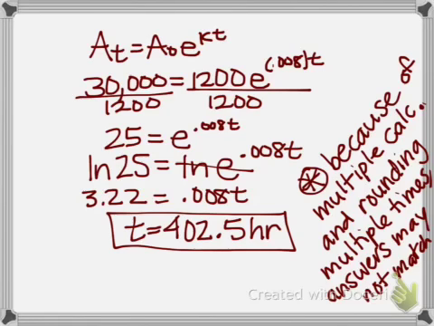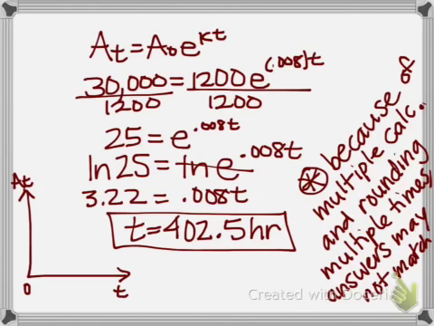Knowing when to round and where to round is kind of tricky, and so getting the exact same answer as the answer in the book is not always going to happen. Since exponential growth and decay are kind of speculations about what's going to happen in the future, it's okay to have an estimate and not an exact answer.